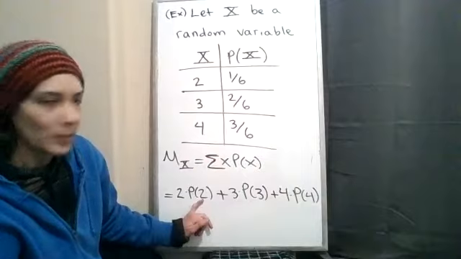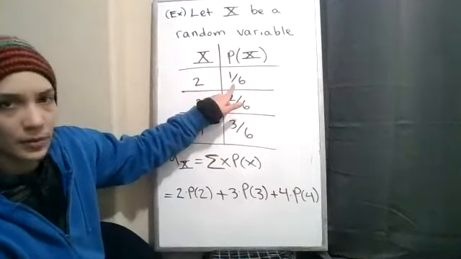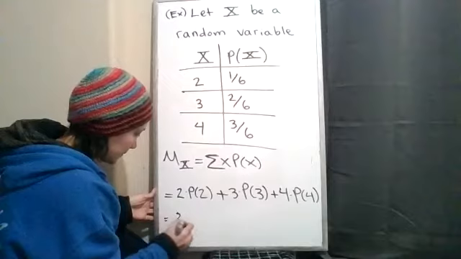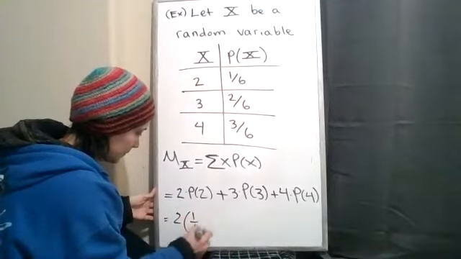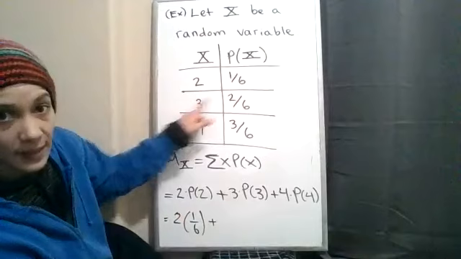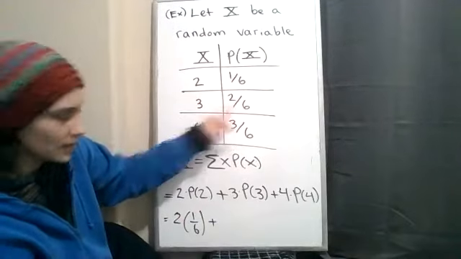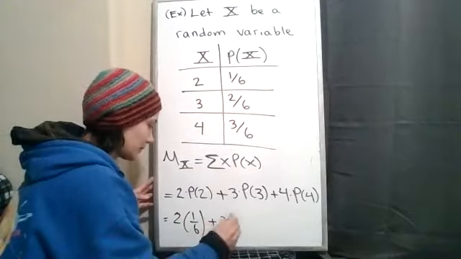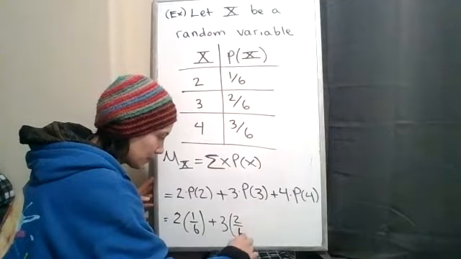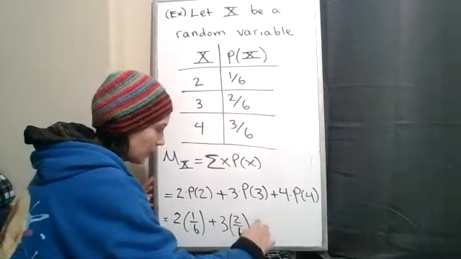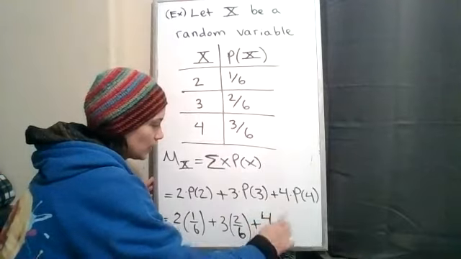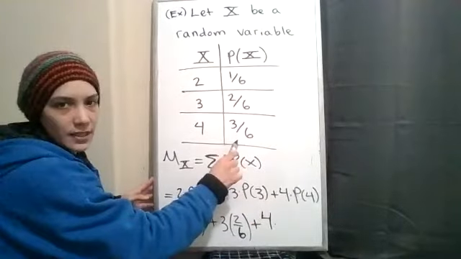2 times this probability, 2 times 1/6. 3 times 2/6. Add 4. 4 times 3/6.